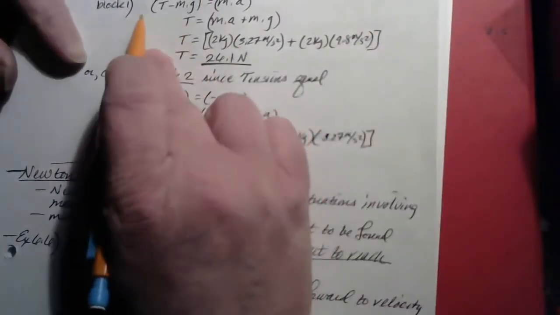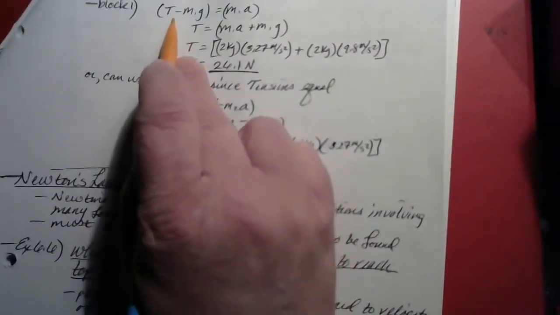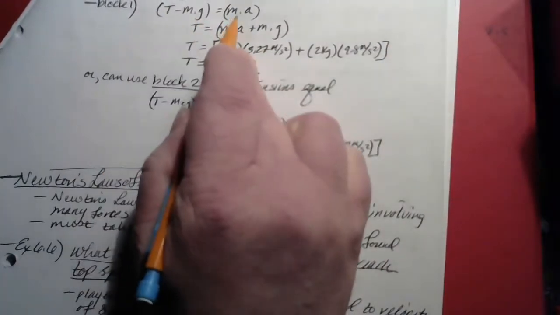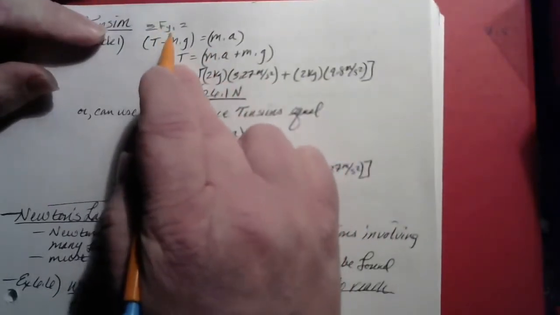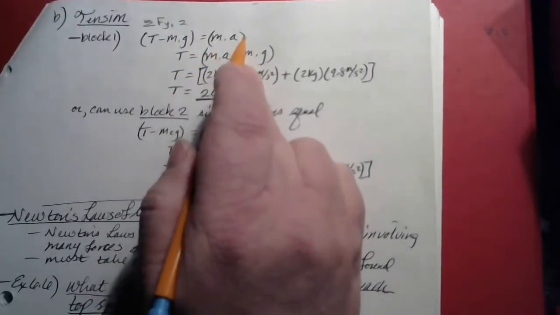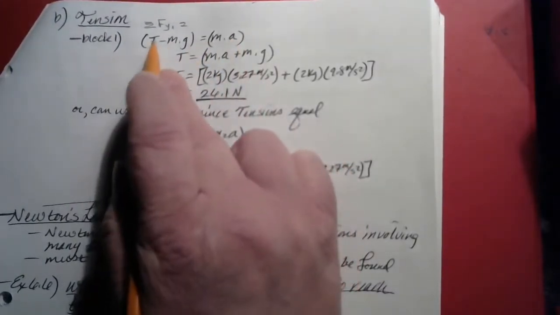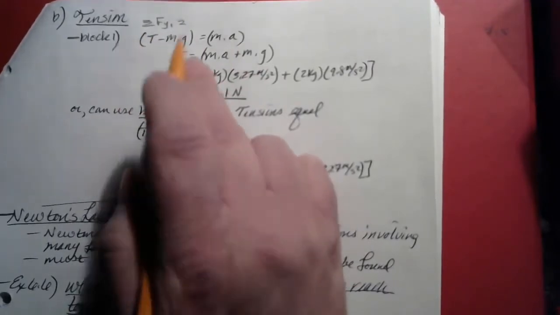For block 1, we have from the previous example that the summation of all of the forces in the y direction on block 1 is equal to the mass of block 1 times acceleration, which is also equal to the tension minus mass 1 times g.